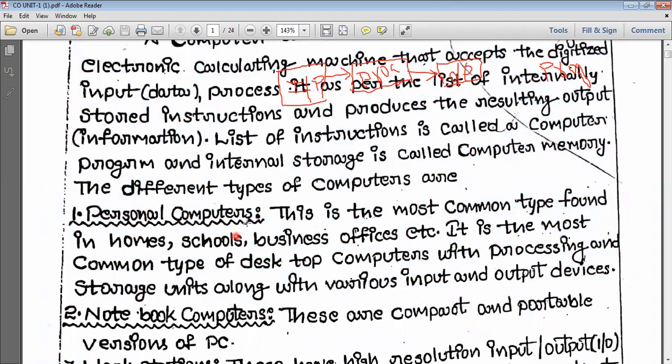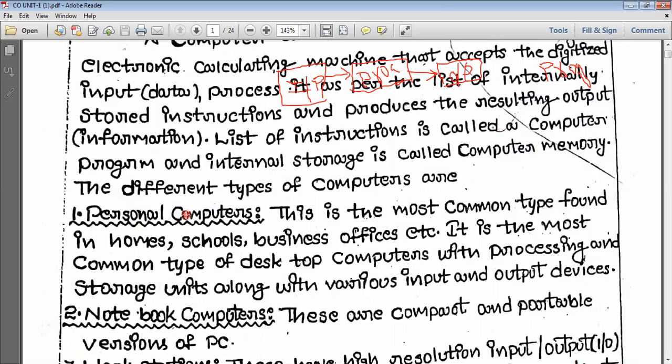Personal computers. These are like our desktops. Based on our requirement, different configurations are there. Suppose we want to run only MS Office and some programming languages; depending on that, we purchase the computer.